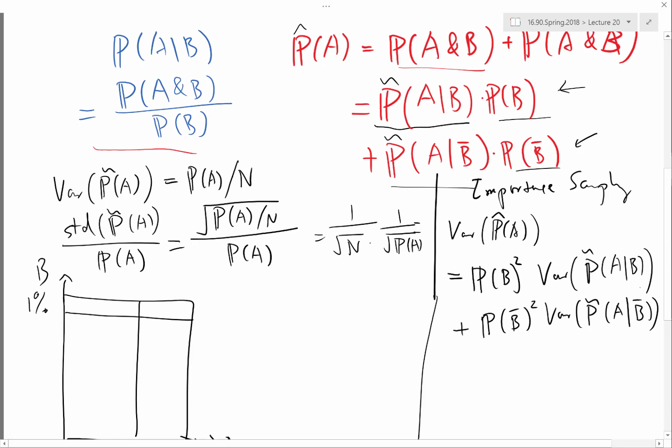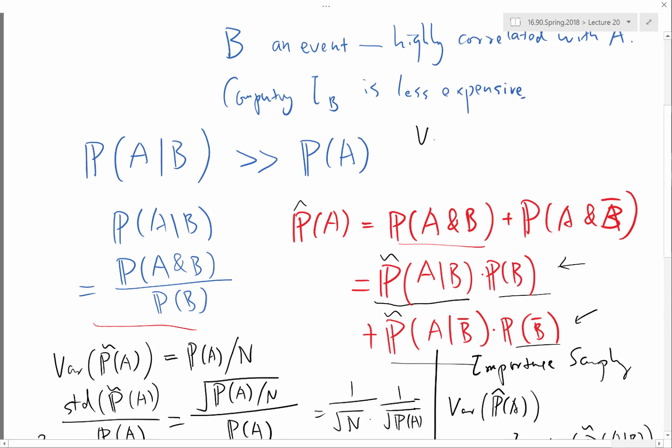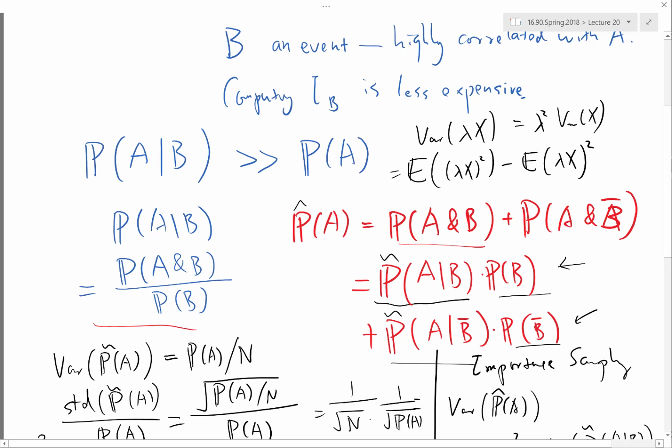That's the property of variance: Var(λX) = λ² Var(X). You can simply show that by looking at E[(λX)²] minus (E[λX])². For both terms, you can pull the lambda out, and it becomes lambda squared, right?